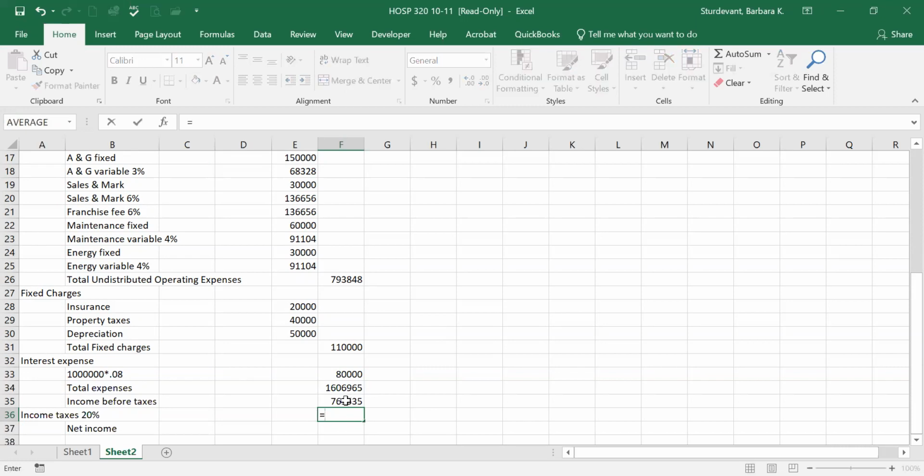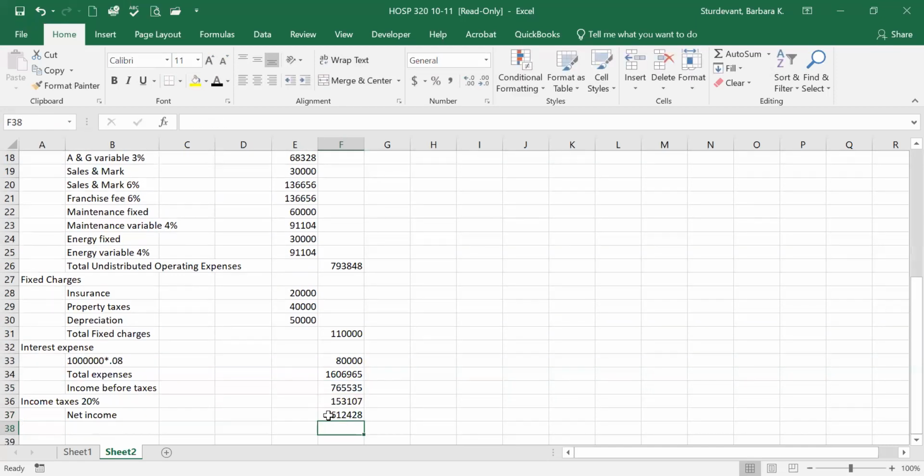Remember, smallest number possible. We're going to take that and multiply by 20% to get our taxes. We're going to subtract that off our income before taxes, and then we have our net income.